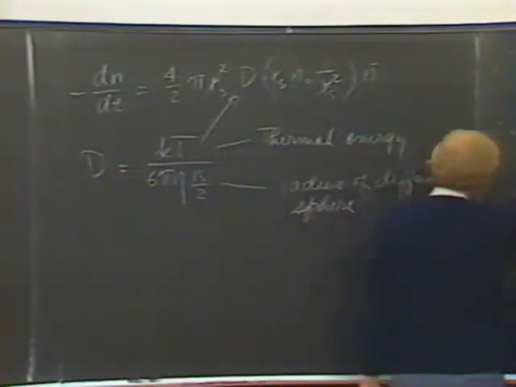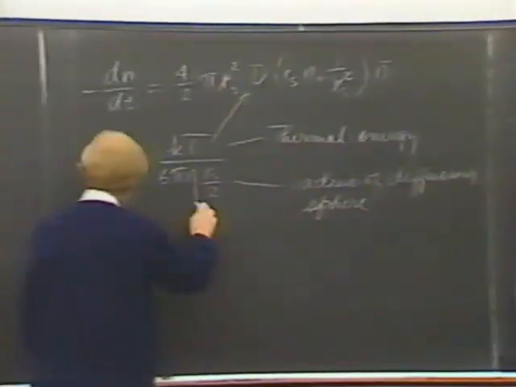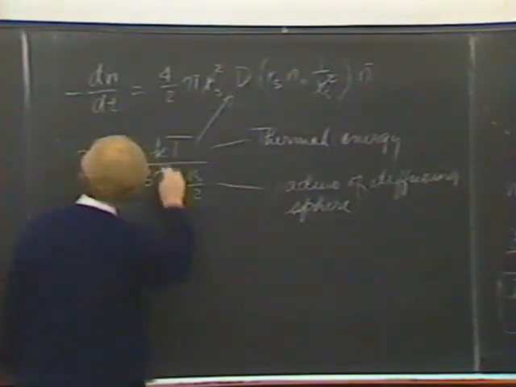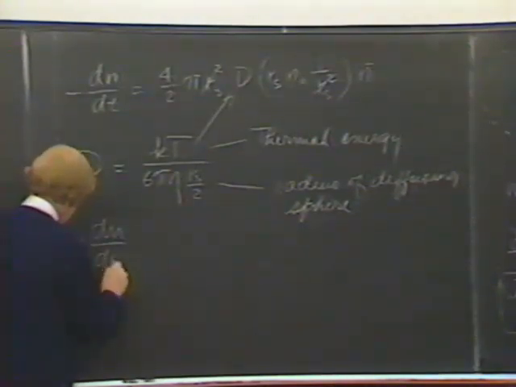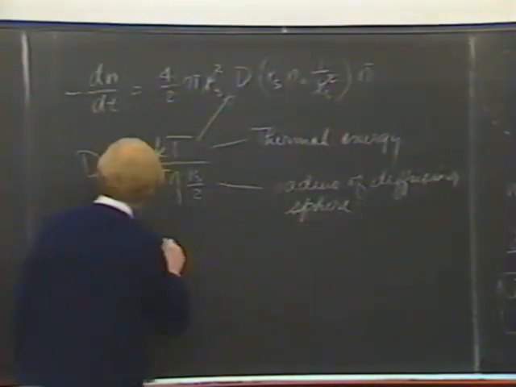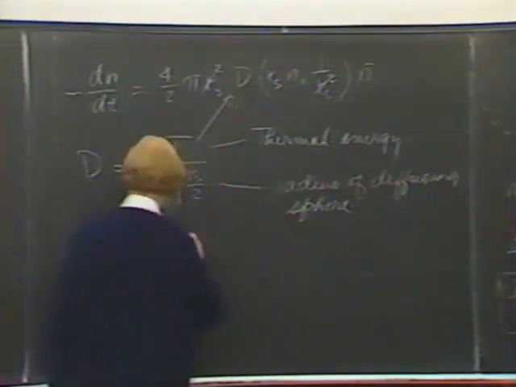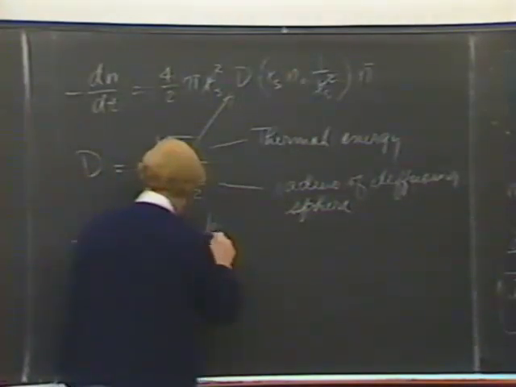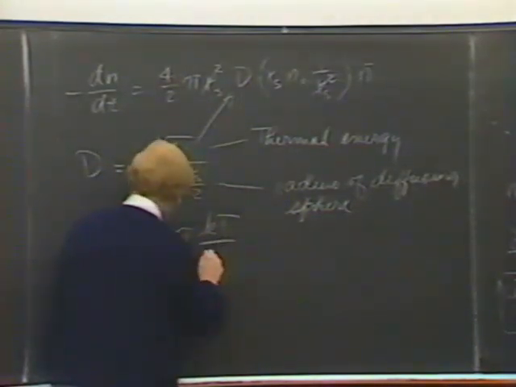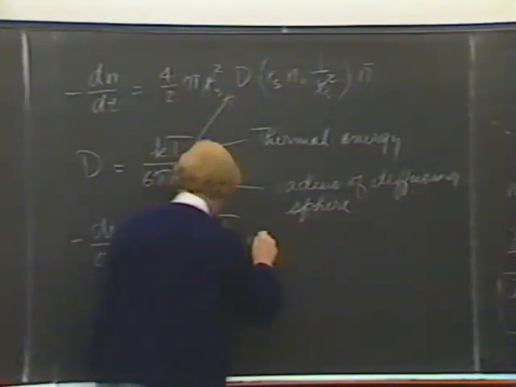So if we substitute this now in here, then we have minus dn/dt is equal to 2, we better put it all in here, 2 pi times kT over 6 pi eta r_s over 2, times n squared. That leaves 6 pi eta over 2.